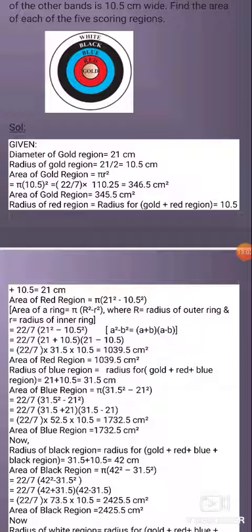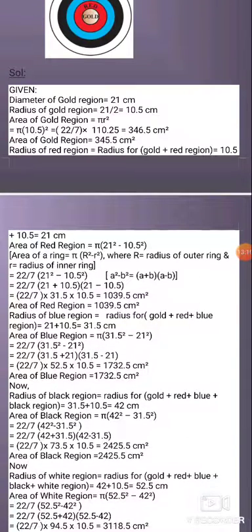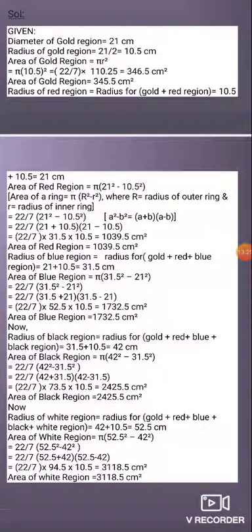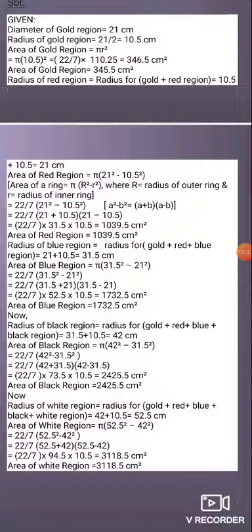So that is 22 by 7 into 42 square minus 31.5 square. You can apply a square minus b square there. 22 by 7 into 42 plus 31.5 into 42 minus 31.5. At last what we get? 2425.5 centimeter square.